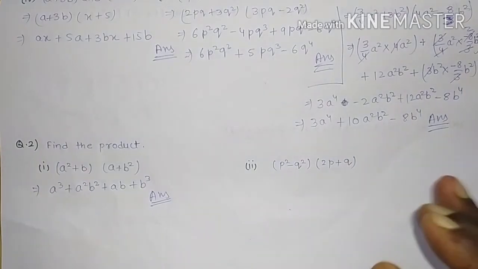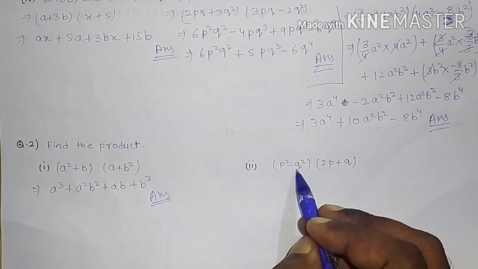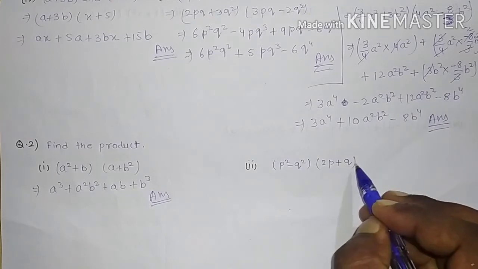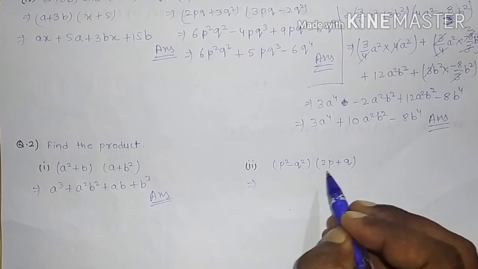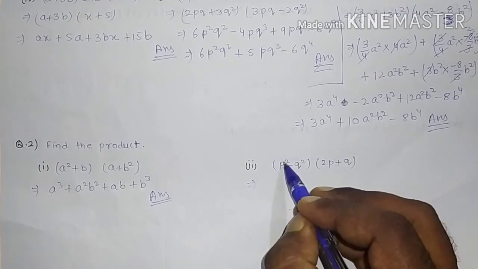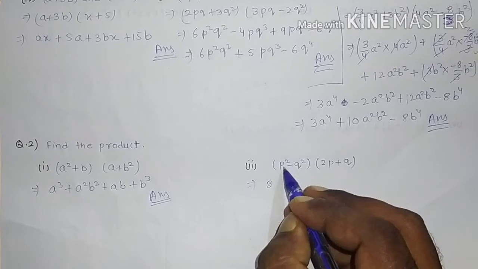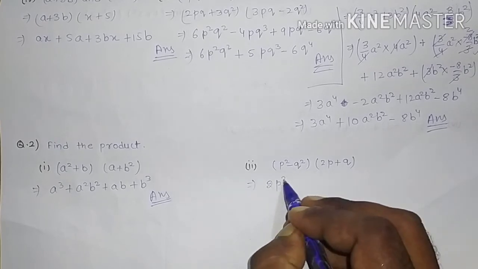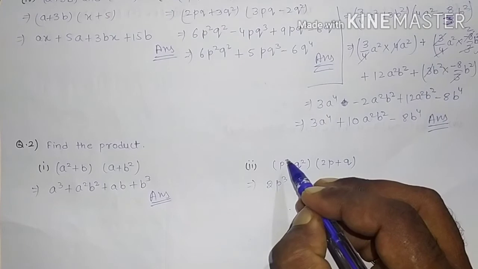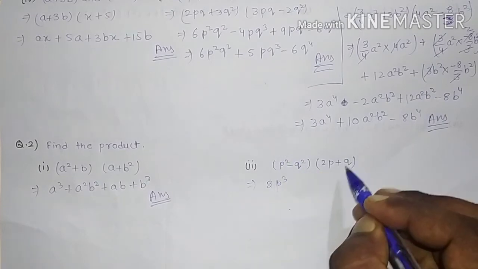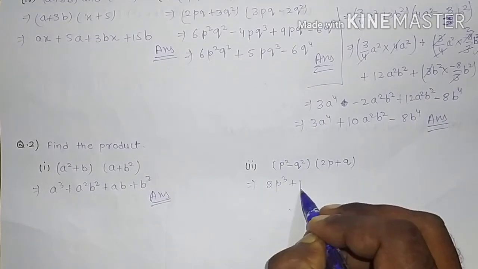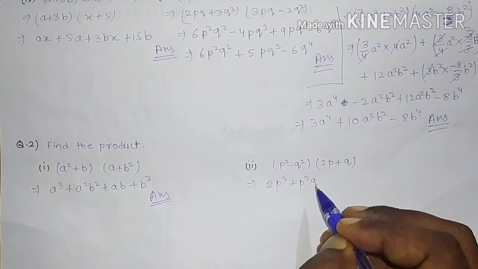Now the next question, (p² − q²) and (2p + q). Again we have to find the product here. So p² into 2p, so it will be 2p³. Now p² is multiplied into q, so it will be plus p²q.